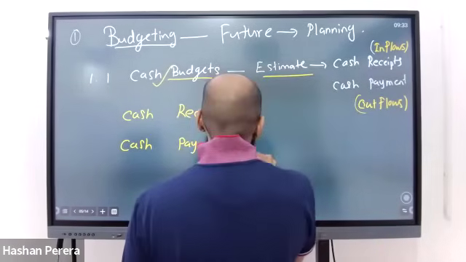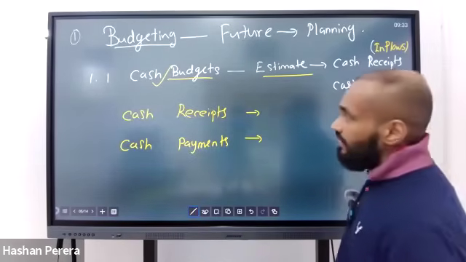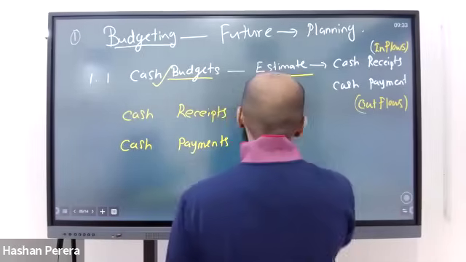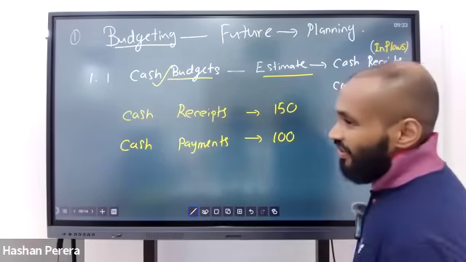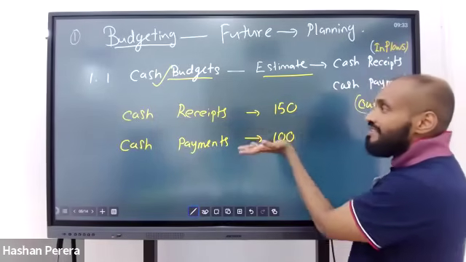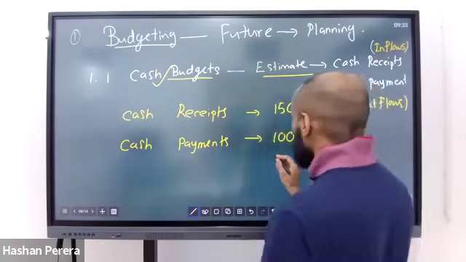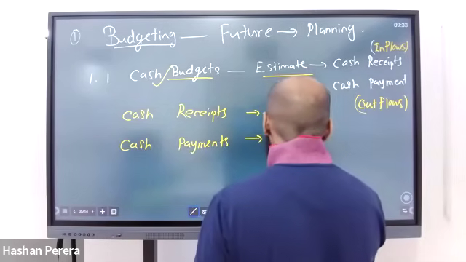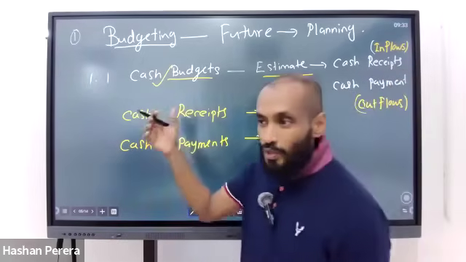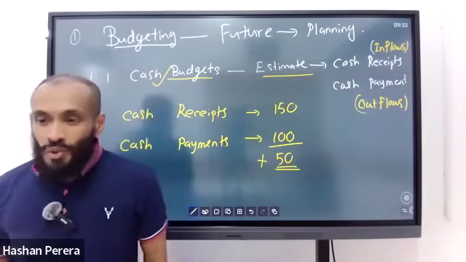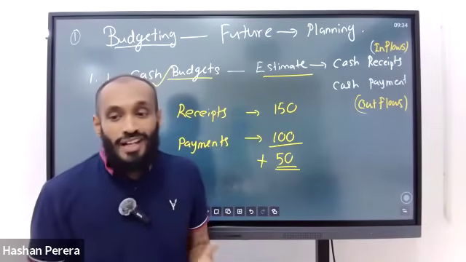Let's say our expected cash receipt is 150, but our expected cash payment is just 100. So you can understand there is an excess on the receipt side, a plus of 50. There is more money. So once you prepare this for the next future period, in that future period for which we are preparing this, we will have excess.